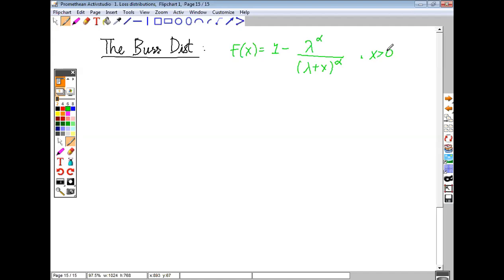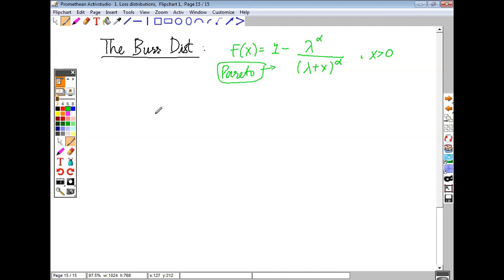To add some more flexibility whenever you require a fit to a particular data set, sometimes you know that this Pareto doesn't fit well. So you add some extra parameters to account for the variation that Pareto alone cannot take into account. So this is for Pareto.